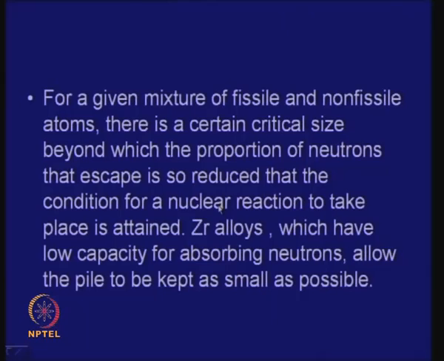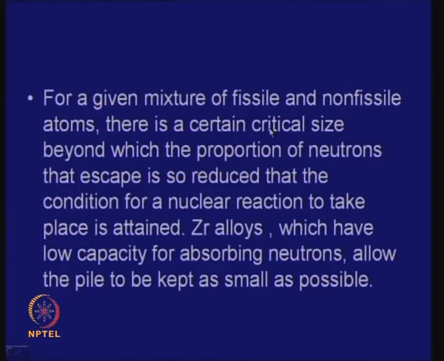A nuclear reaction is possible when you are generating more and more neutrons very rapidly in an accelerated fashion, and that will be ensured by non-escape of neutrons out of the system. Whatever is being generated must be used to go and hit another fissile mass, so that more neutrons are created, and there is a certain critical size.